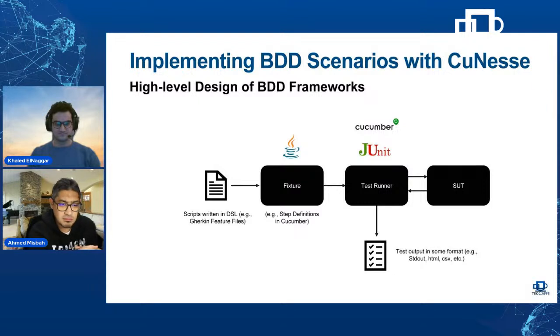And they pretty much share this high-level design. Okay, so you write your executable specs using some sort of domain-specific language. Gherkin is perhaps one of the most popular DSLs.